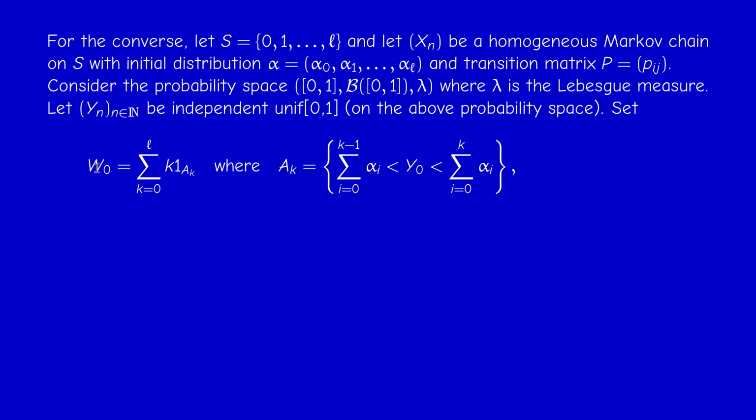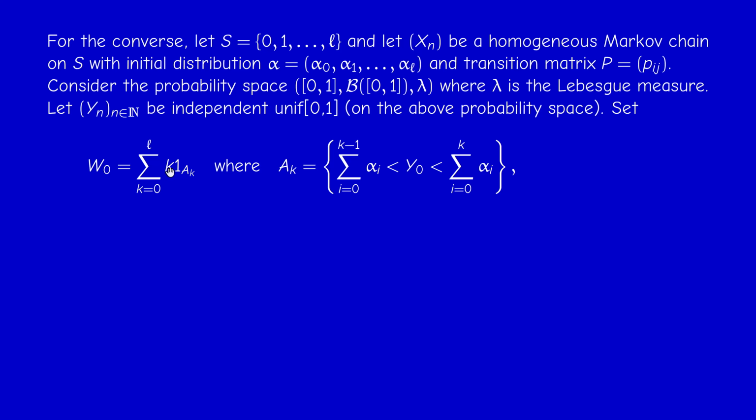Define a random variable W0 in this way, sum from k equals 0 to L of k times the indicator of Ak, where Ak is given by this event on this probability space. So this is just a Borel set. Now, what does this mean? Don't be afraid of the notation. What are the values taken by W0?